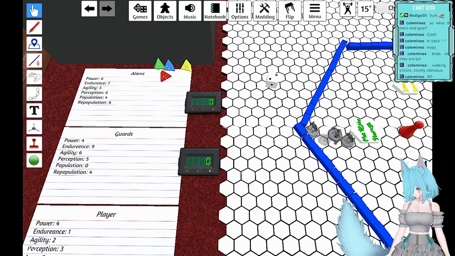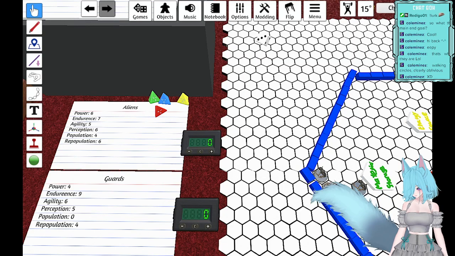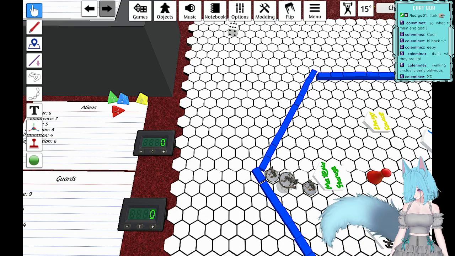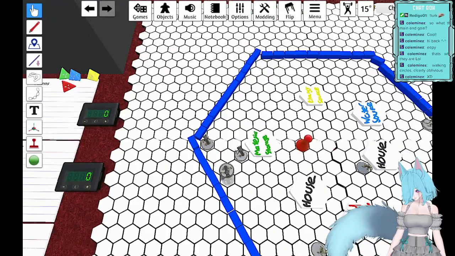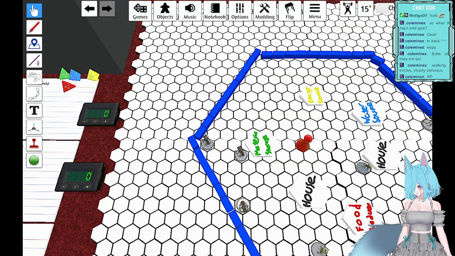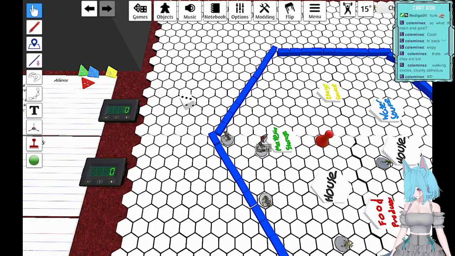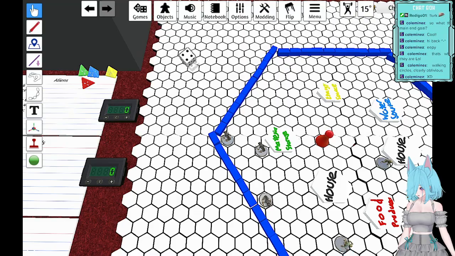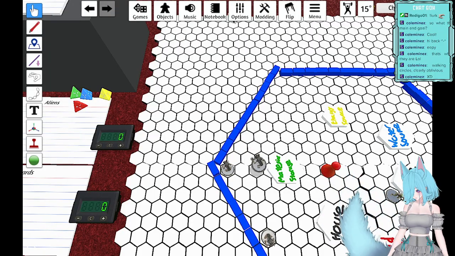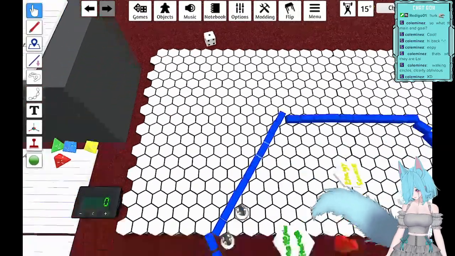So, yeah. Okay. You can't go up there. You can't walk there.